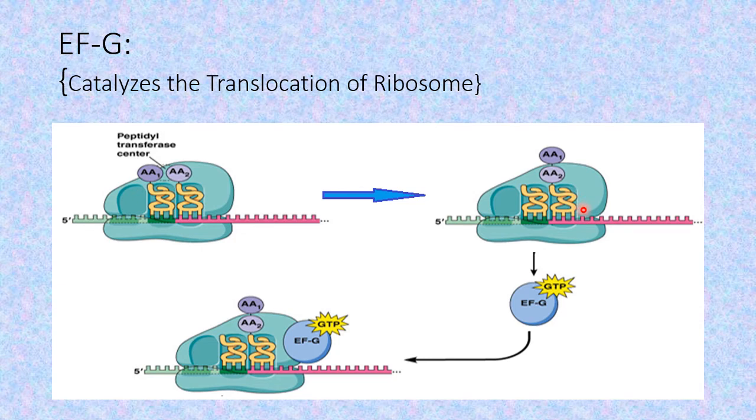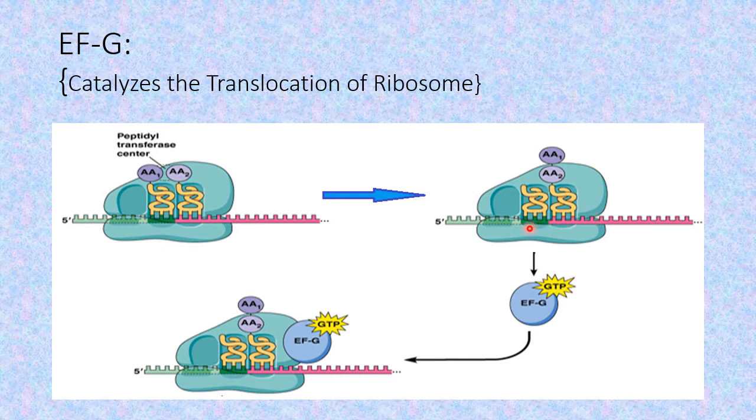Now what is required is that this transfer RNA, which does not have any amino acid, which has given its amino acid to the adjoining transfer RNA amino acid, has to be removed. And the next codon has to have its respective anticodon or the respective transfer RNA.